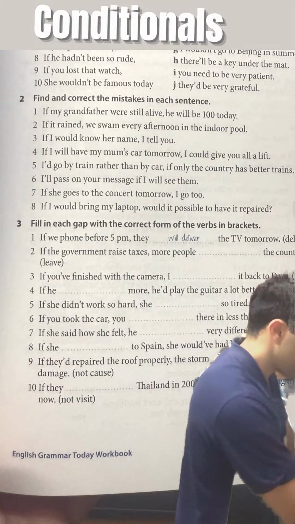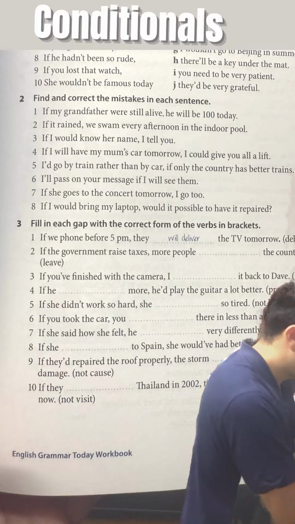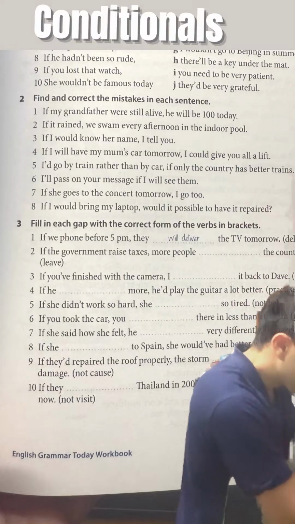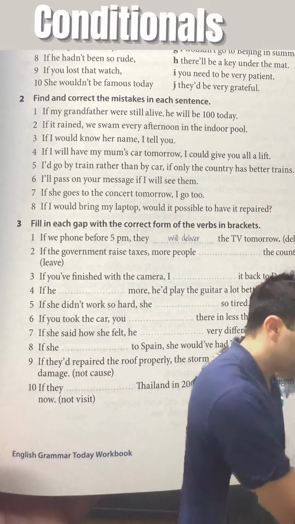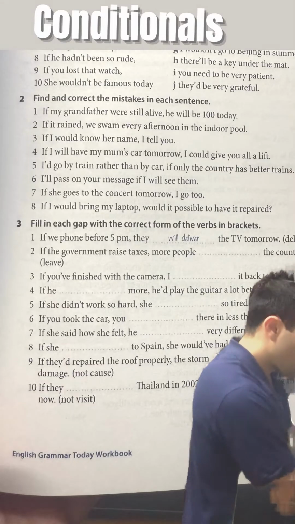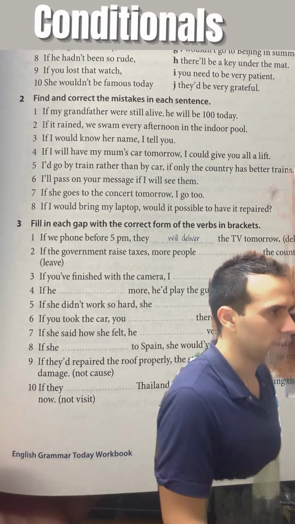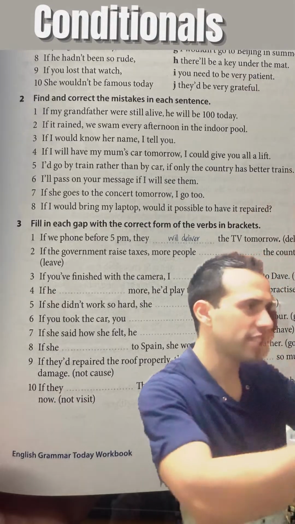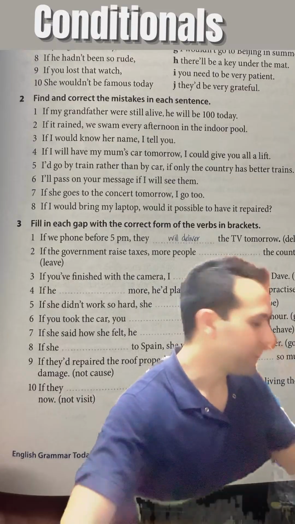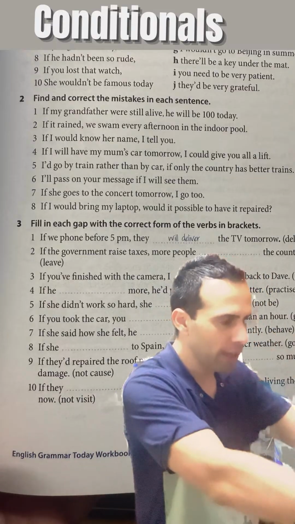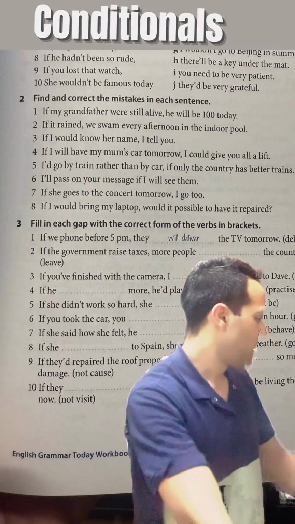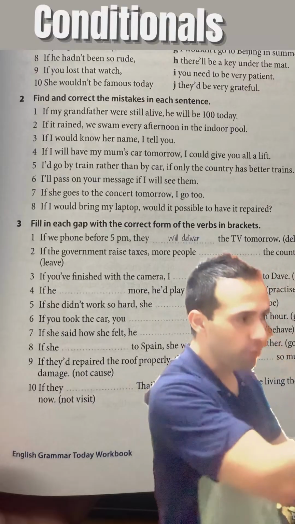And so it is not uncommon to find first conditional sentences when we talk about, for example, a dangerous situation coming up, right? And you know the dangers of being in that situation. So you know that the other person, the one you're talking to, will go through that situation.